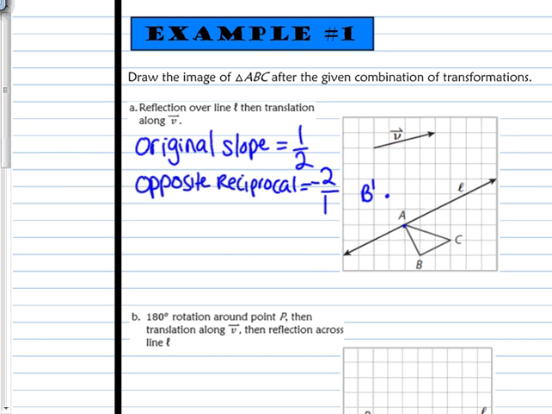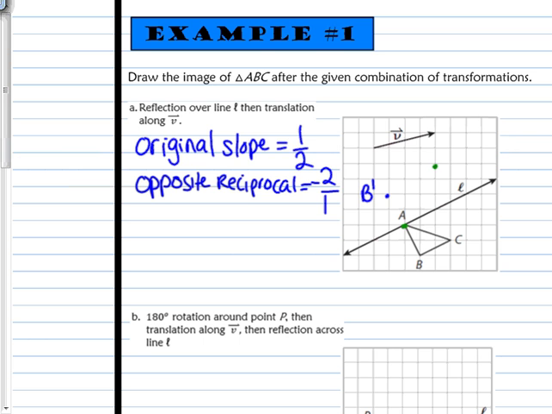So to clarify this, I'm just going to pick this spot right here on the line of reflection. I picked this random point, and I said, okay, B is down 2 and over 1 from the line of reflection. So I had to find the point above the line of reflection that I could also go down 2 and over 1 and land on the same point. And that was my B prime.